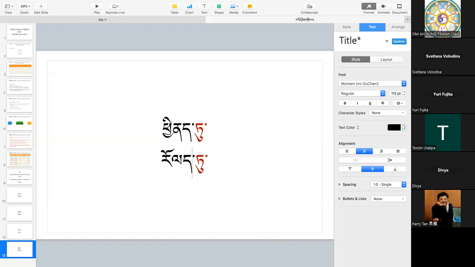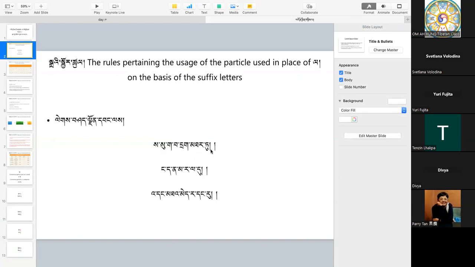So this is the meaning of this portion of the line. Kha, pa, which are the suffix letters, and traktar, which is the post suffix letter ta, will be followed by tu. Then nga.